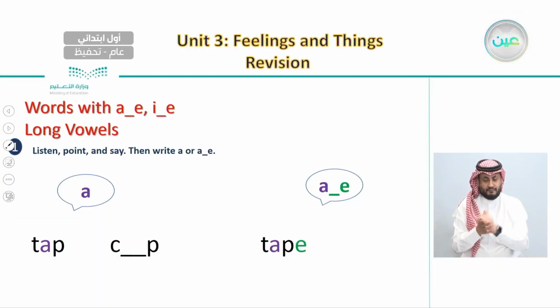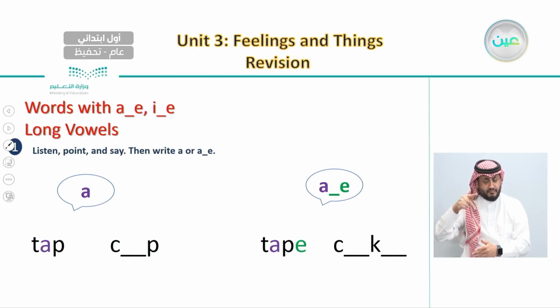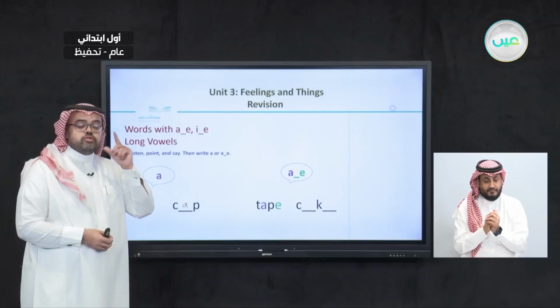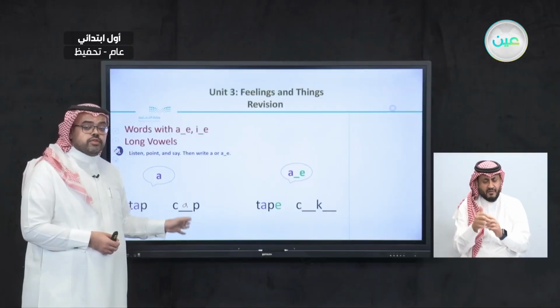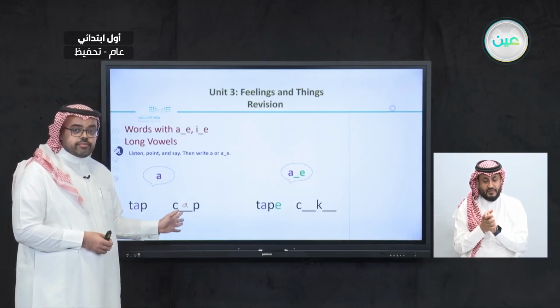So let's try to write another example of these words. Let's have a look at this one. What do you think this word is? Here we have this word that starts with C and ends with P. So here we can add the letter A and say cap, cap. Listen to the short vowel of the letter A, cap.